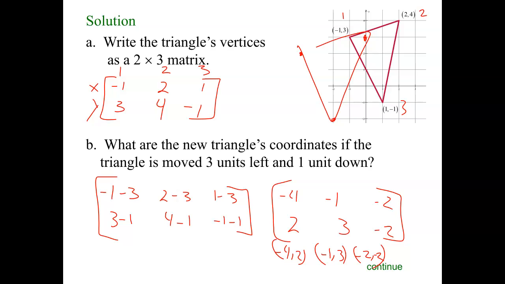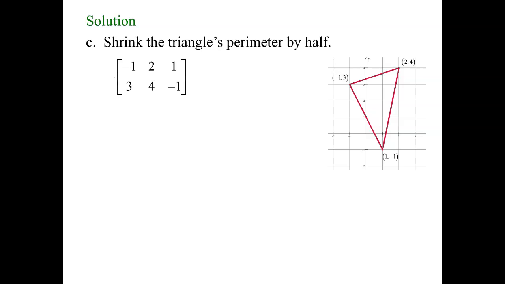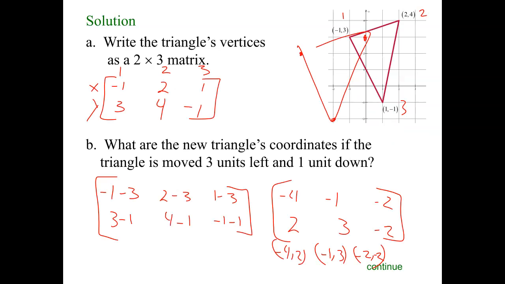Now, I want to shrink the perimeter by half. If I want to shrink the perimeter by half, what can I multiply everything by? 1/2. Shrinking and expanding is just multiplying by a scalar. If I wanted to double the perimeter, I would multiply by 2.